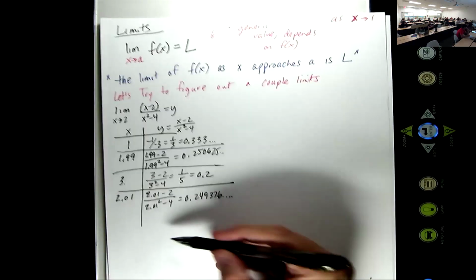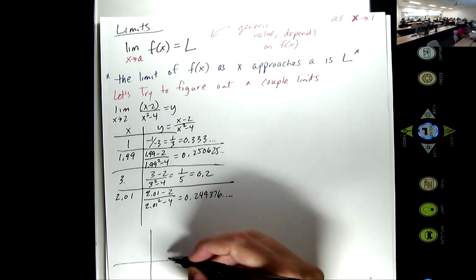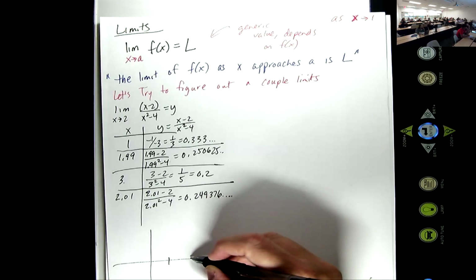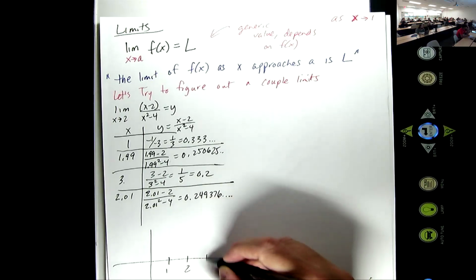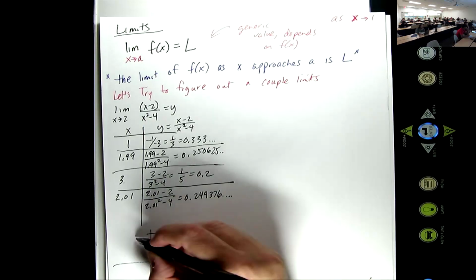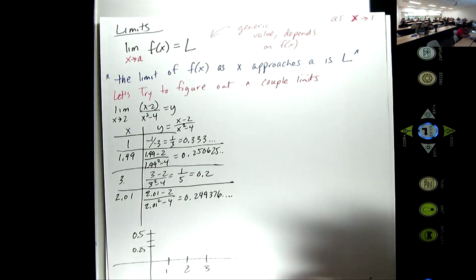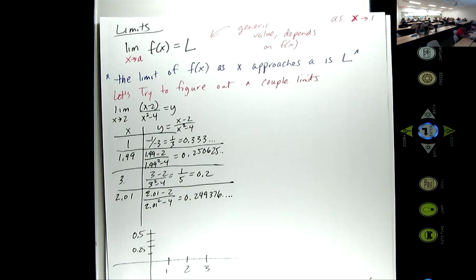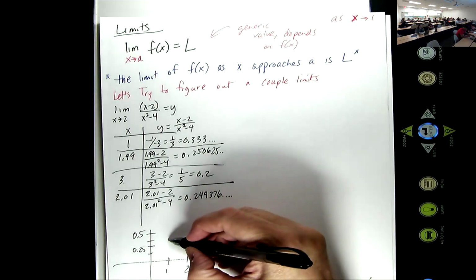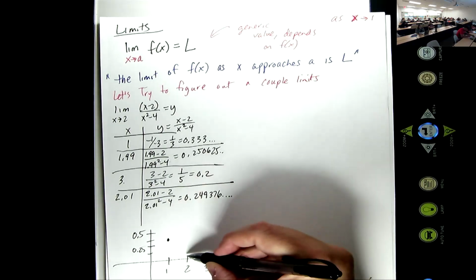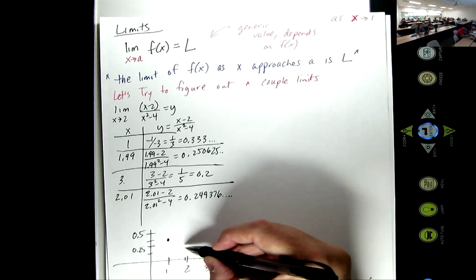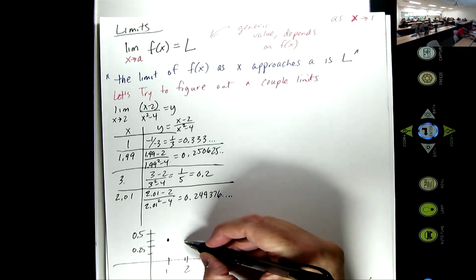So if I were looking at it on a graph, I don't know what it looks like, but here's one, here's two, here's three. We'll say that's 0.5, 0.25. When X was 1, it was right about there. When X was 1.99, it was right above 0.25.